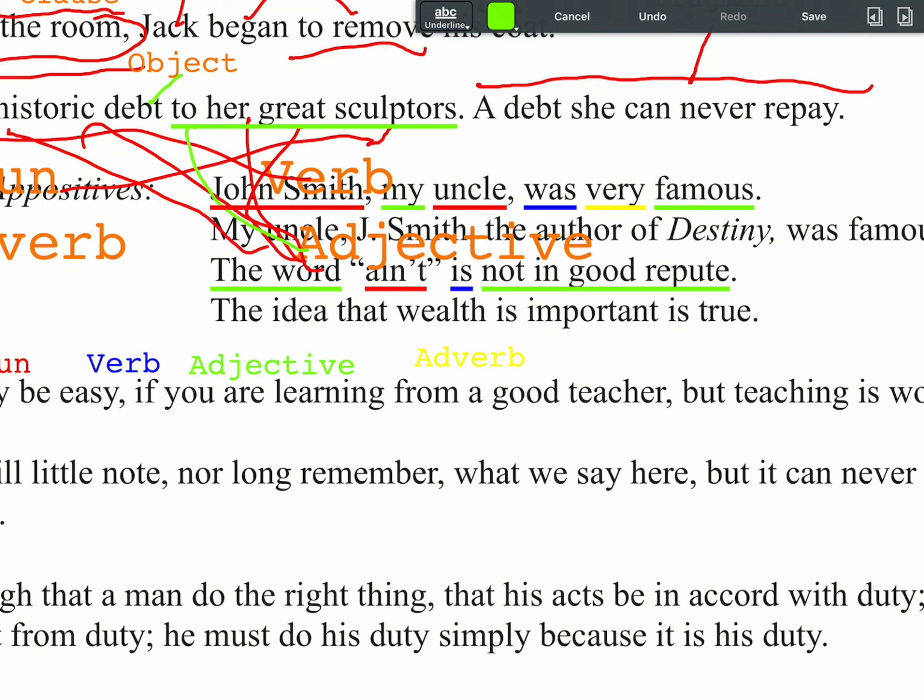So I think the main clause grammatically is the idea is true. And I think that wealth is important is the subordinate clause that's modifying the main one. It's telling us something about the main idea. However, that wealth is important is actually the important part of the sentence. So I think the important part of the sentence is in the subordinate clause.